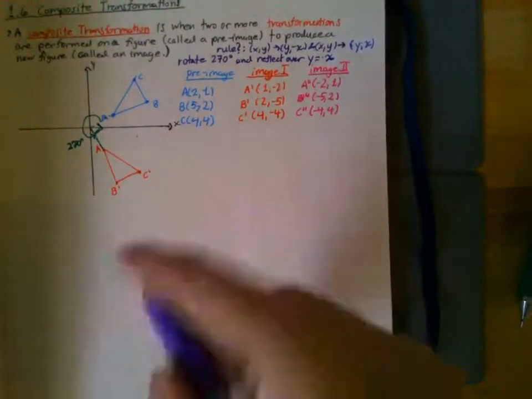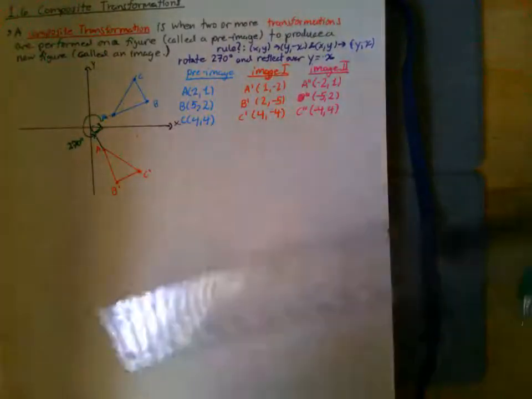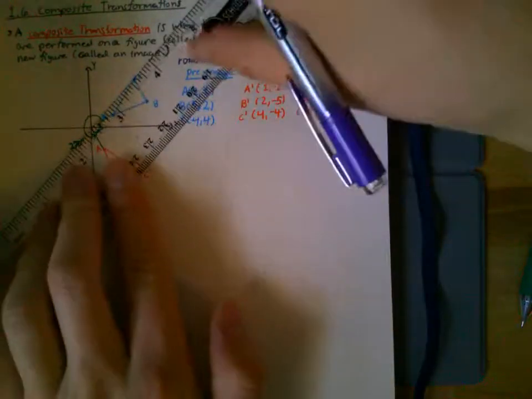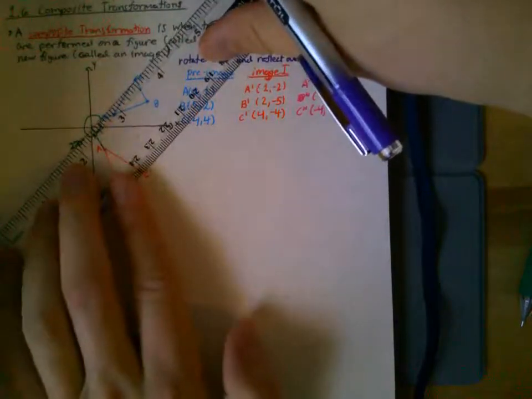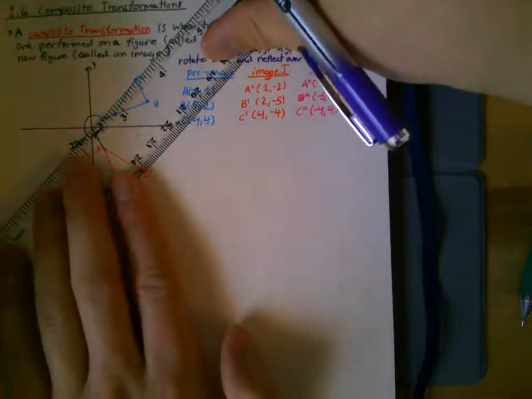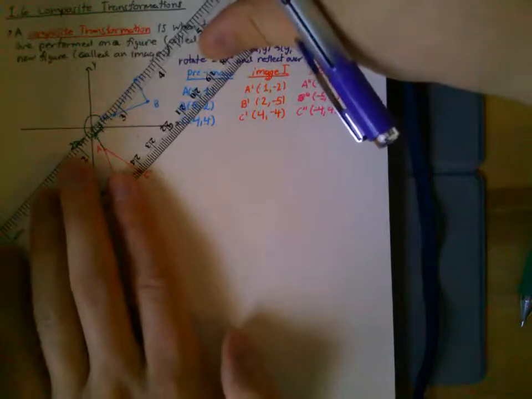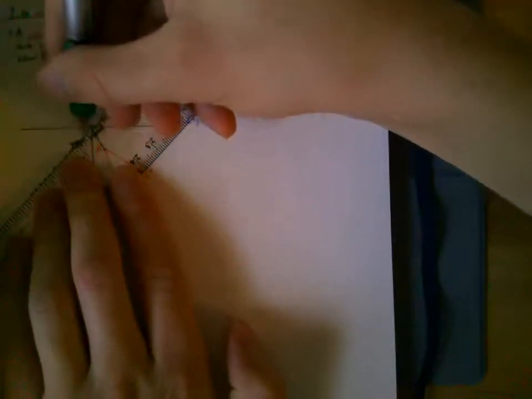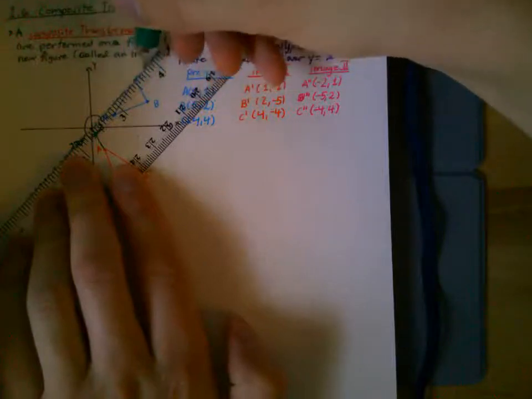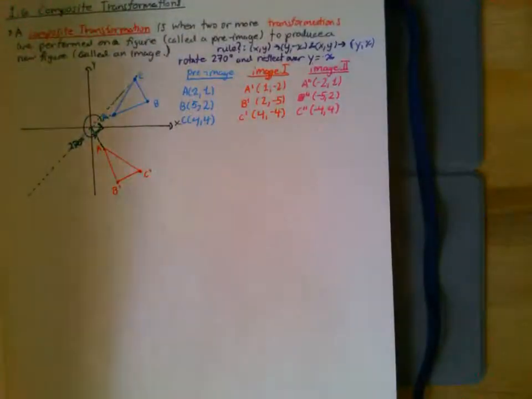Okay, so we're going to reflect over that axis, which means that our other green line, we're going to reflect over that.